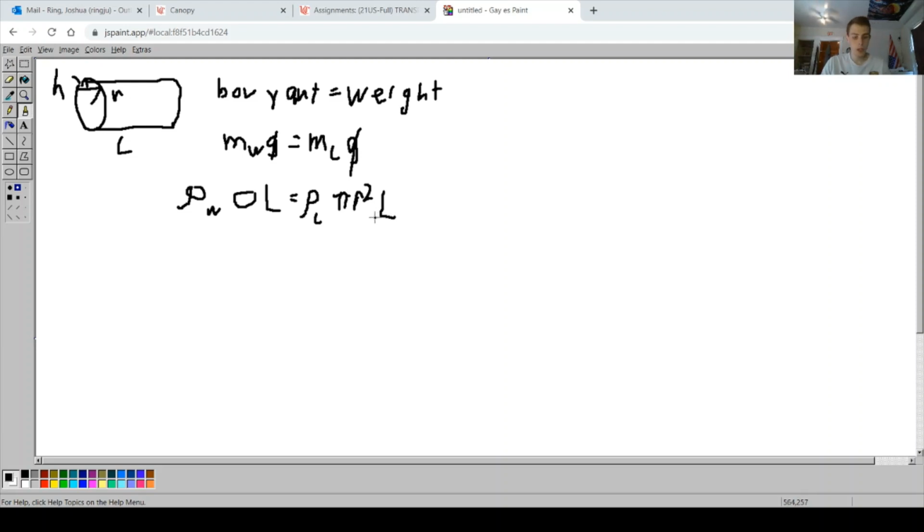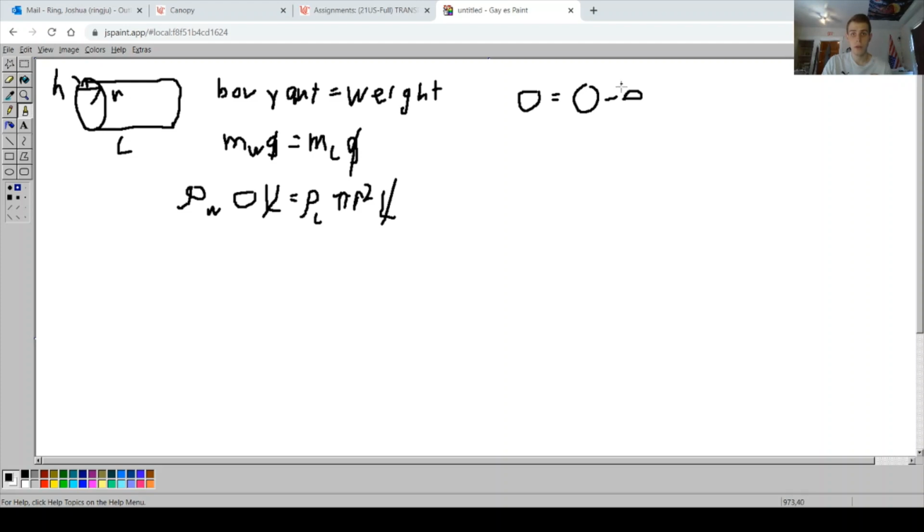So similar to the last one, the lengths don't really matter, just like the g's. Go ahead and cancel those out. So we basically know all of our variables here, except for the cross-sectional area below the water. If we keep doing these little shapes, we know the cross-sectional area below the water is equal to the full circle area minus the little area above the water.